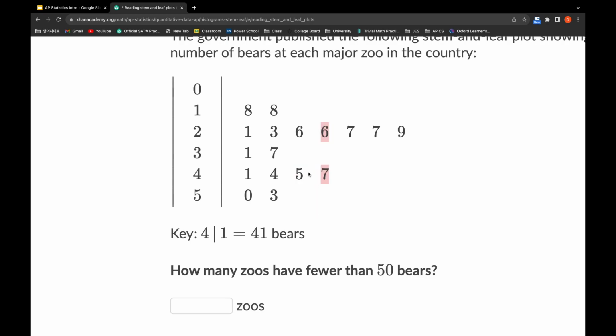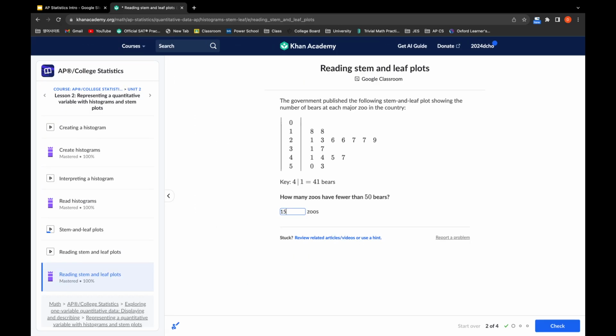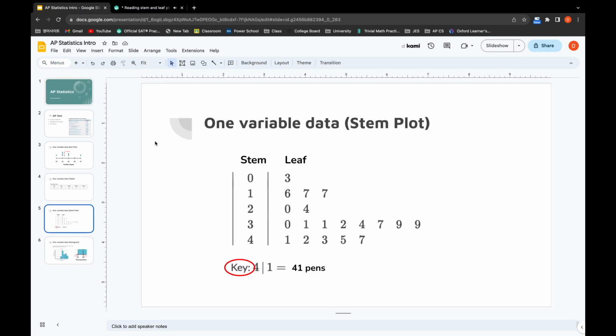It says fewer than 50 bears, so we have to count all the numbers from 18 to 47. If we count them, 1, 2, 3, 4, 5, 6, 7, 8, 9, 10, 11, 12, 13, 14, 15. We have 15 zoos that have fewer than 50 bears. Yay, we got it correct.